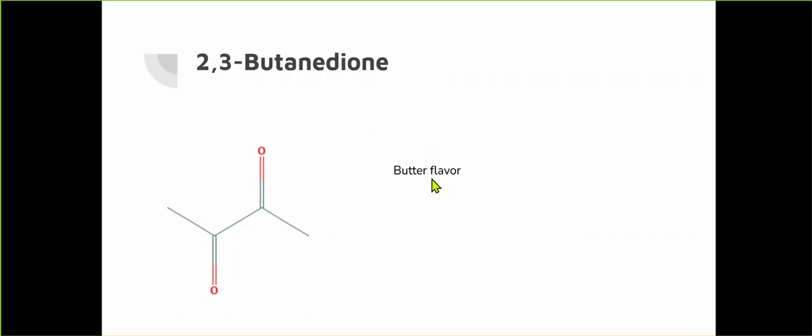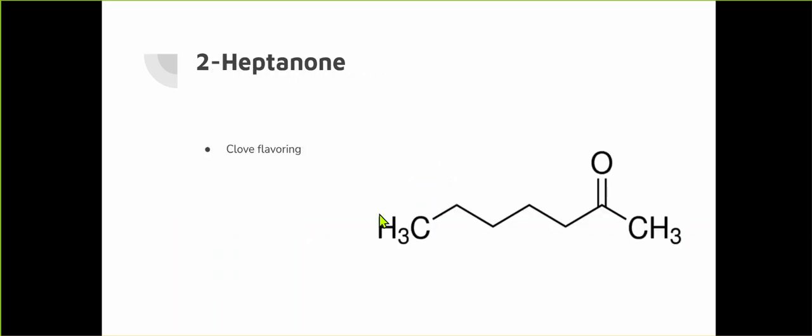And it gives it that buttery flavor. 2-heptanone. So this is a ketone because we've got a carbon connected to 2 other carbons. There's no hydrogen there. This is responsible for the clove flavoring.